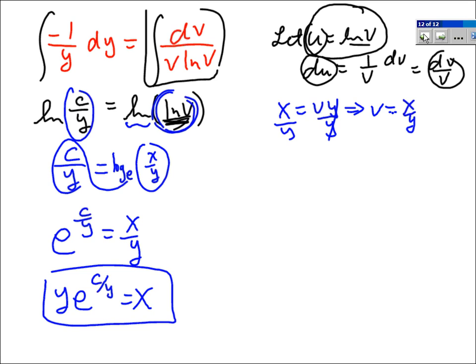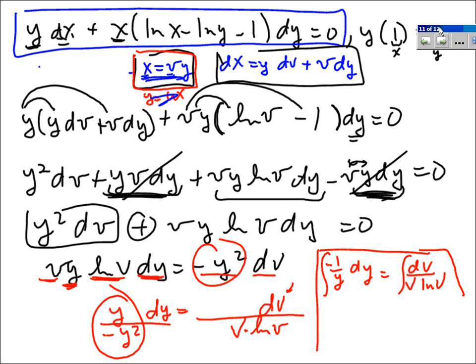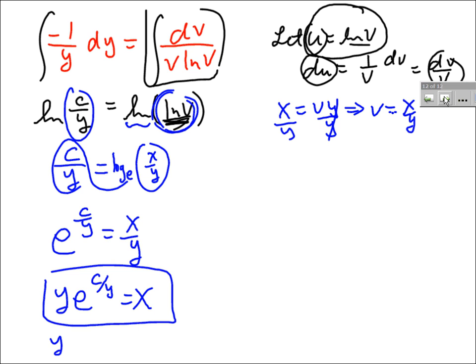But if I remember correctly, we're told that y of 1 is e. So y is e. So we have y times e to the c over y is equal to x, which is 1. There's an understood one here.